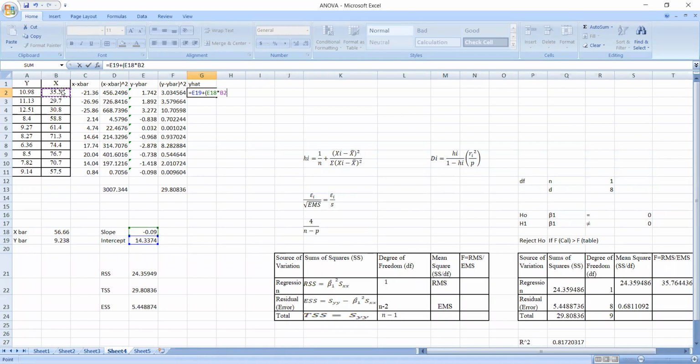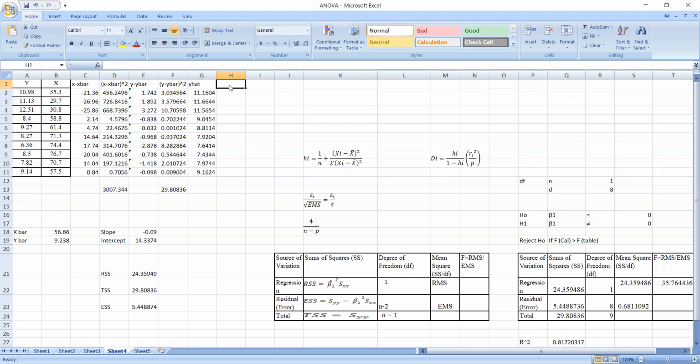For each observation, you have to take the original x value. For each and every observation, you use the same slope and same intercept, because we are just substituting the x values for each observation to calculate the y hat values. So here we can calculate the y hat values, right?